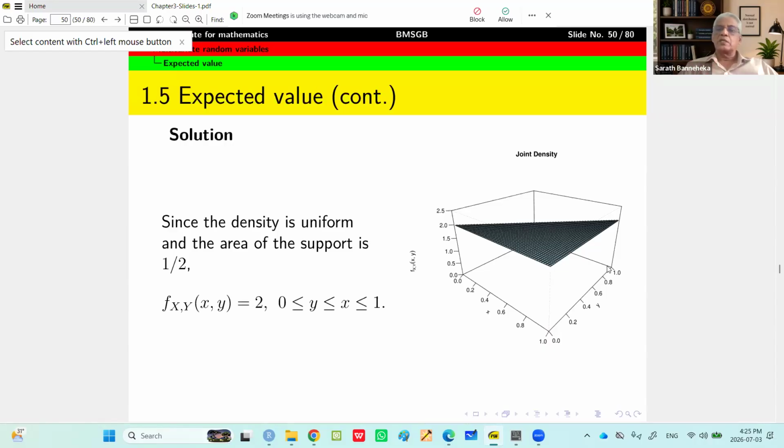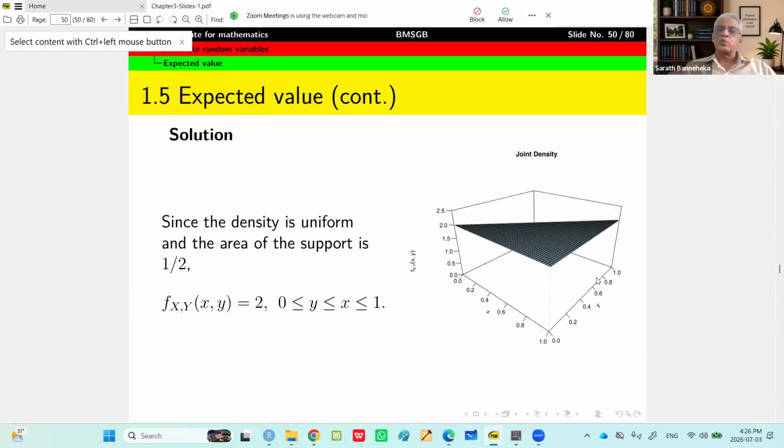So what should be the height of the joint density? We know that the volume under the joint density should be equal to 1. But the support here is just this triangle given by those three points, and that is actually half of the square with corners (0, 0), (0, 1), (1, 1), (1, 0). Therefore, the area of the support is one half.